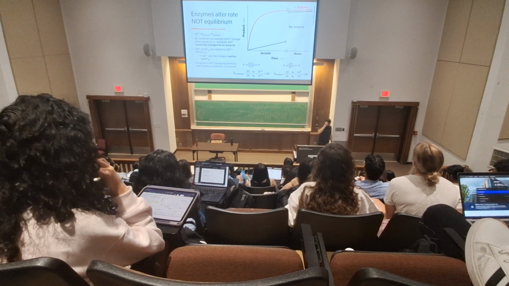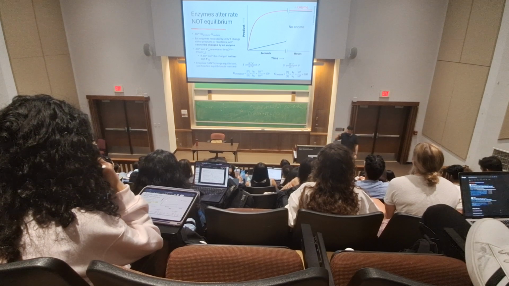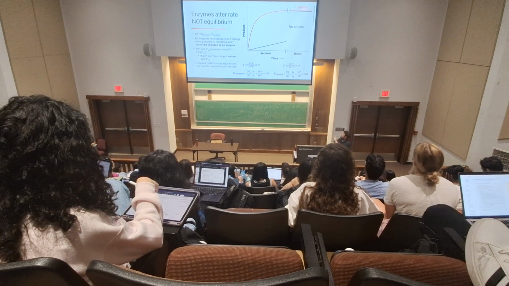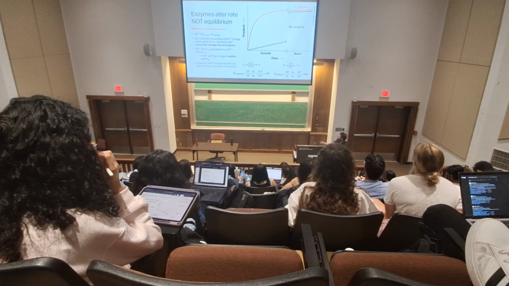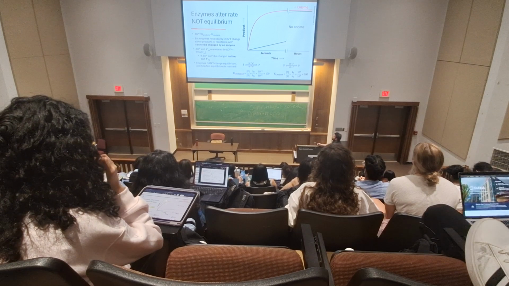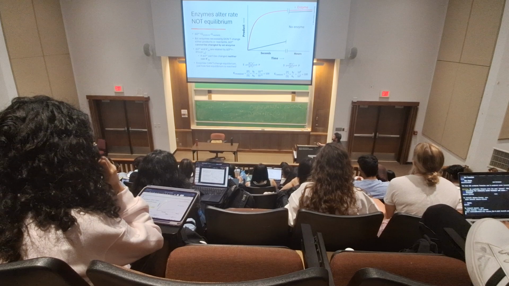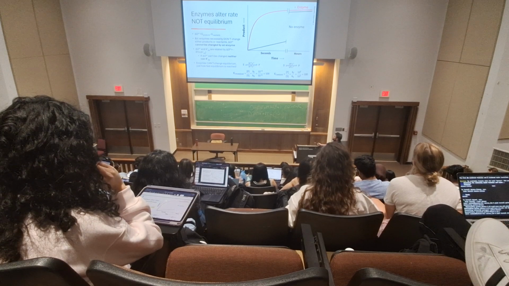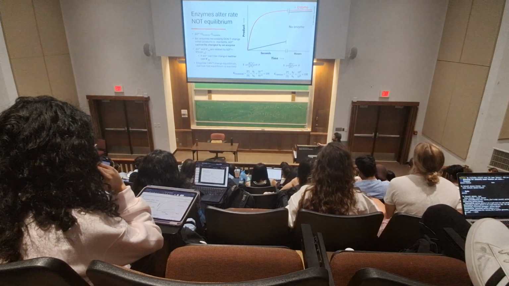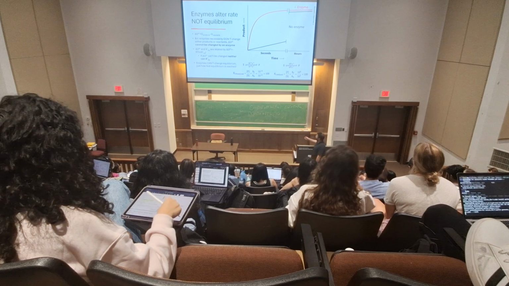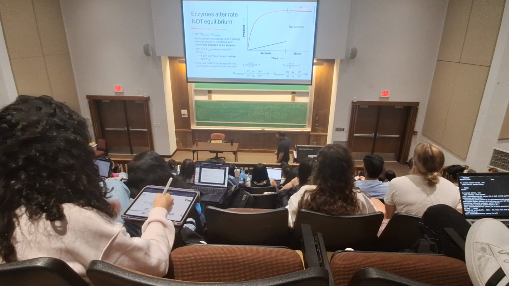Now, interestingly, this is going to be useful later on when we talk about Michaelis-Menten kinetics. We can describe equilibrium constants using the concentration of products and substrates, so P over S, like we said before, at equilibrium. But we can also define KEQ as the ratio of rate constants.